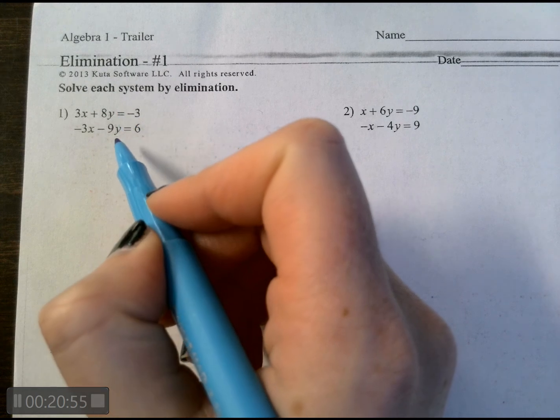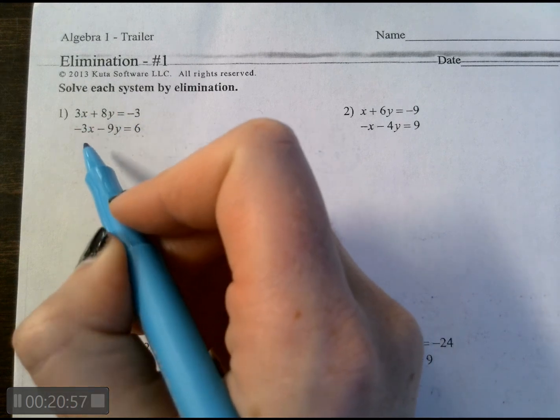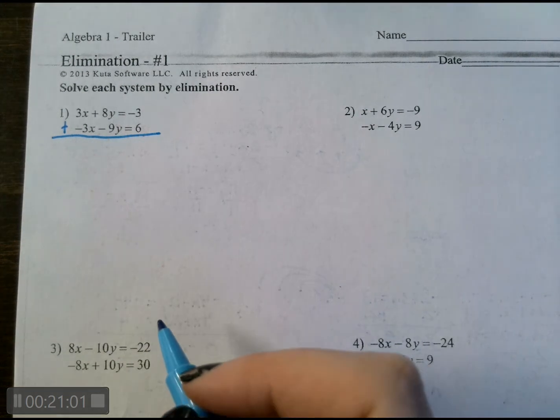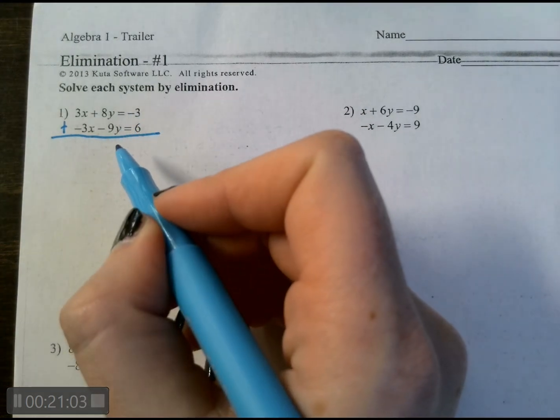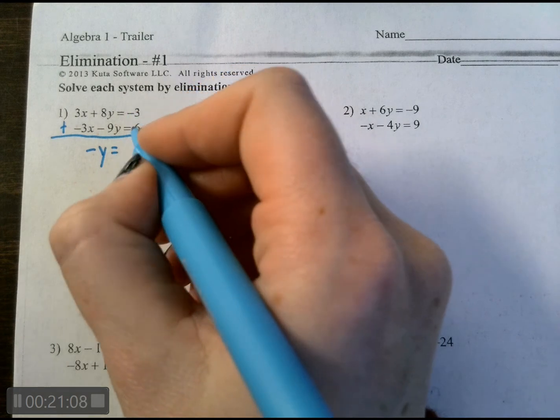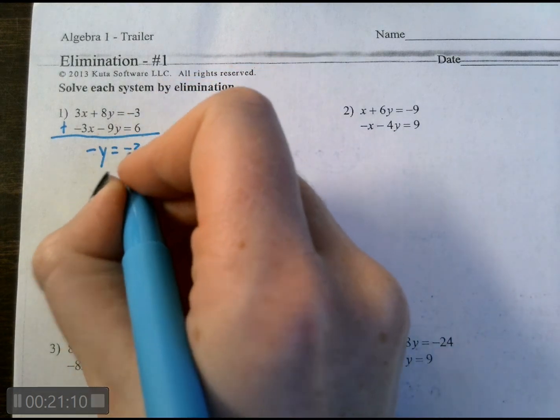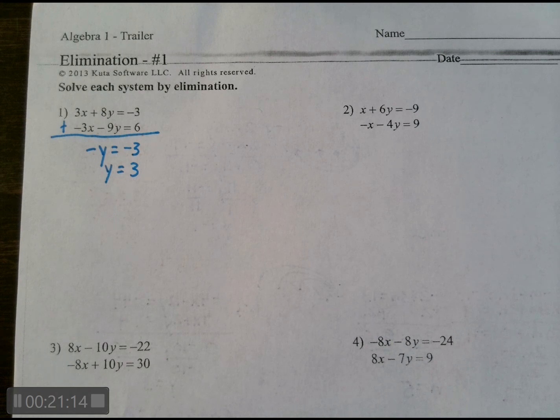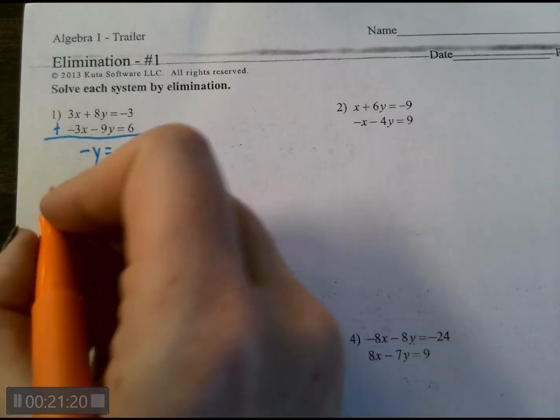Take a look at our very first problem. Take a look at your variables. They're lined up, and then we have 3 and -3, so we can go right on ahead and add. So 8y minus 9y gives us -y. -3 and 6 gives us -3, so y equals 3. Okay? Then we are going to substitute that into one of our equations.